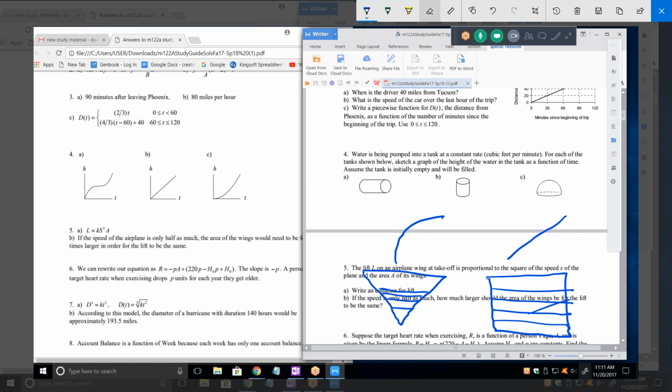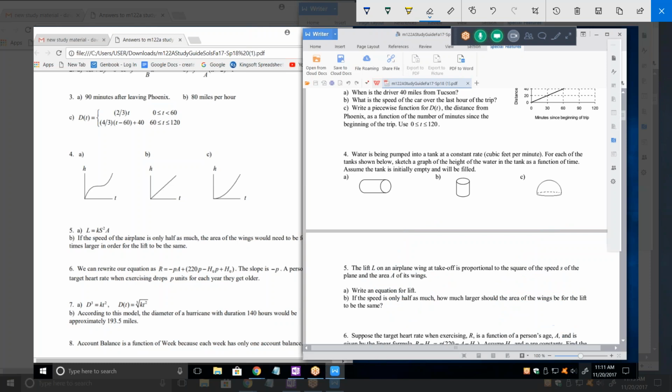Now let's look at the three shapes that we're given here. Notice that as I fill this, I'm starting down there, right? Where the width is small. The width of the part that I'm filling with water, let's start in the middle.